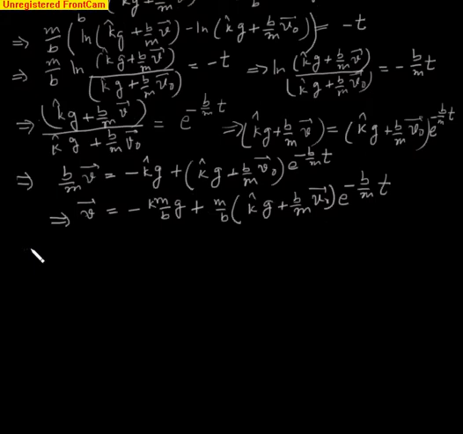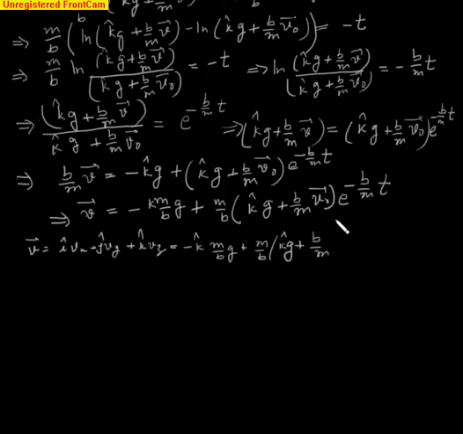The velocity may be written as v is equal to i cap vx plus j cap vy plus k cap vz. So I have written all the components of velocity. On the right side, it is minus k, that is z axis, m over b into g, this is the first value, plus m over b, inside I have to write k into g.